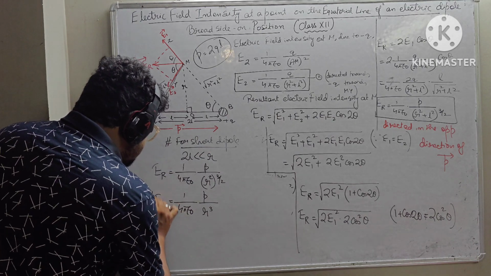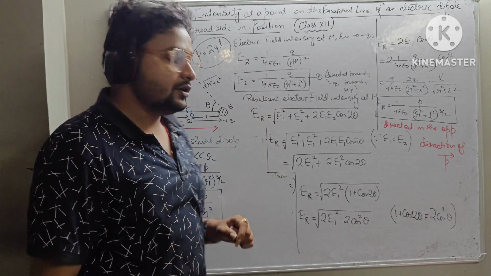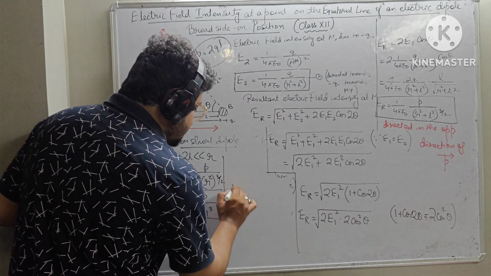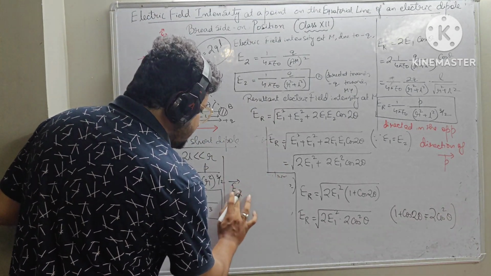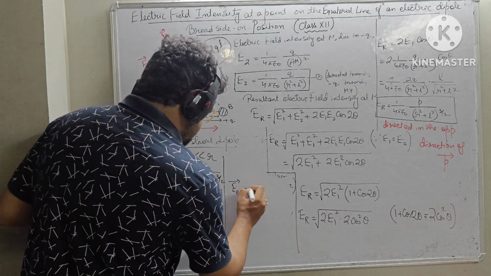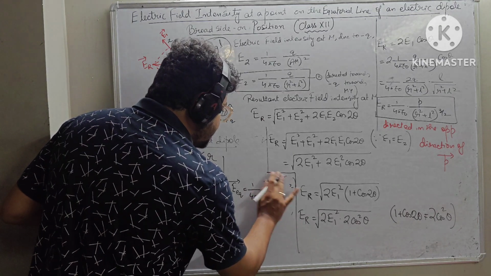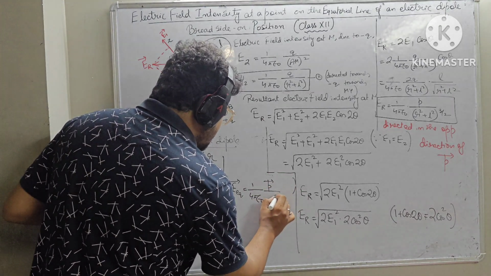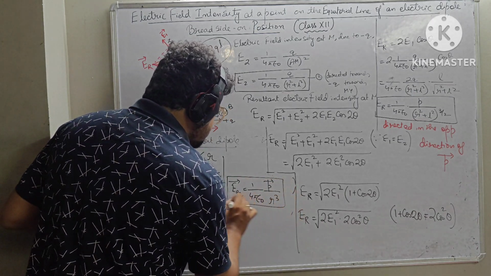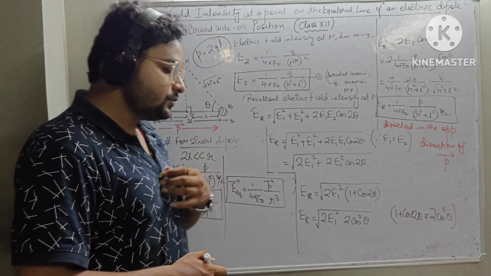This is the resulting electric field intensity for a short dipole, okay, on the equatorial line of the dipole. If you want to write in vector form, here I am writing EQ. EQ means the equatorial line. Same thing. So 1 by 4 pi epsilon naught P vector divided by R cube. Okay, this is for the equatorial line. Fine.